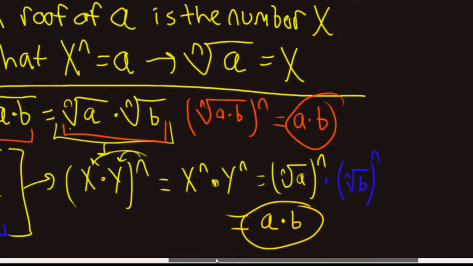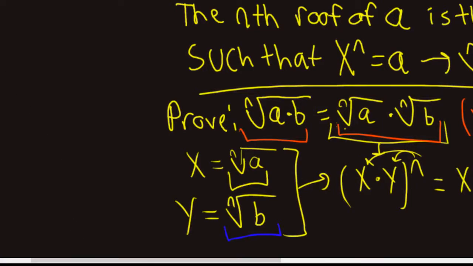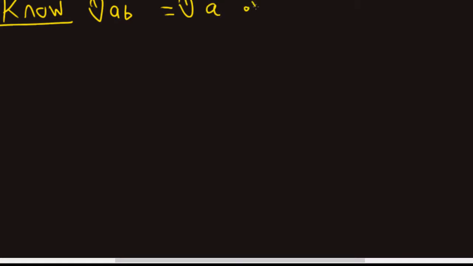So now let's clear our page and see if we can figure out anything else. Well, what else can we figure out? Well, we now know, because we just proved it, that the nth root of AB is equal to the nth root of A times the nth root of B. Okay, what can we use with all that information?